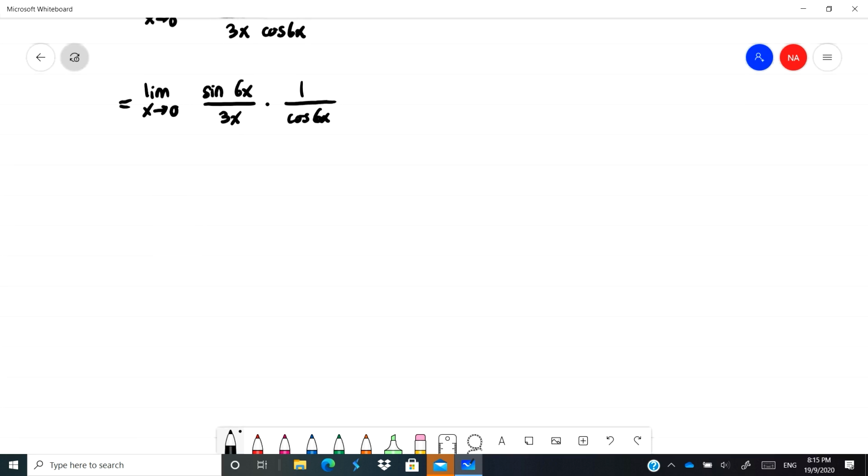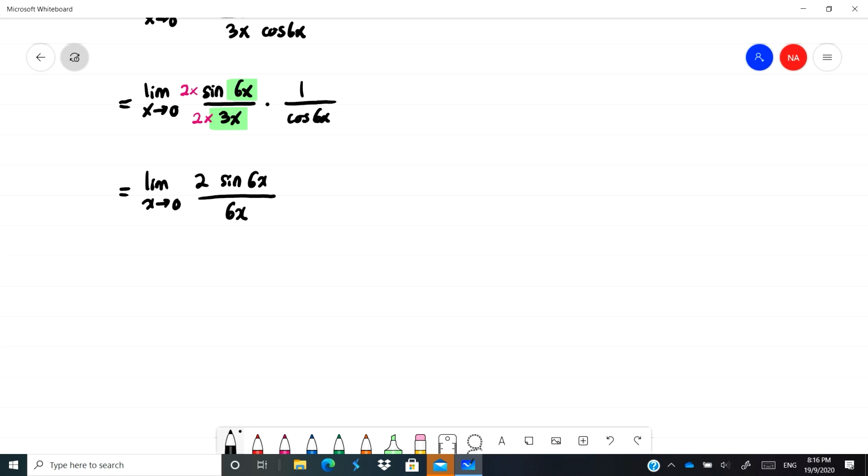Now please take note that we want to have 6x in the denominator. To do that, you have to multiply by 2, so multiply by 2 here, and you have to multiply by 2 here. Only then will you have 6x in the denominator. So we'll have limit as x approaching 0, 2 of sine 6x over 2 multiplied by 3, which will be 6x.